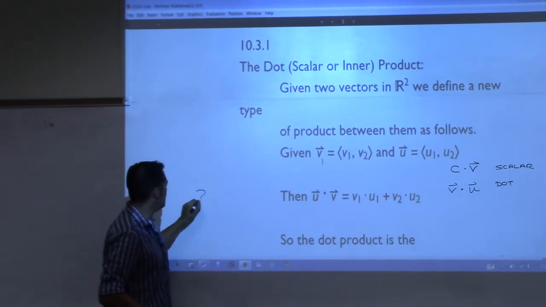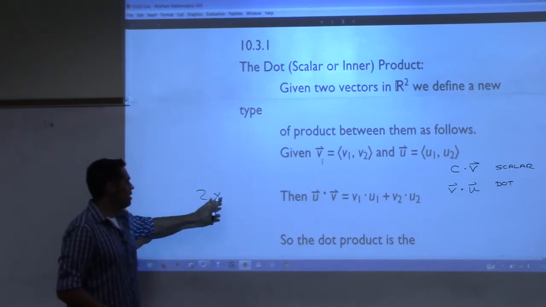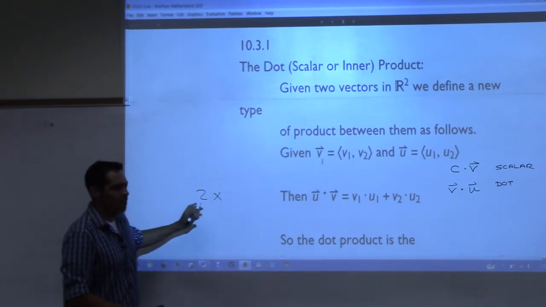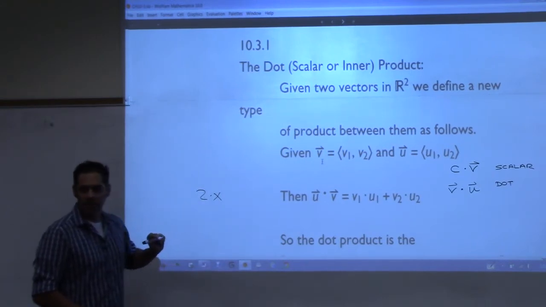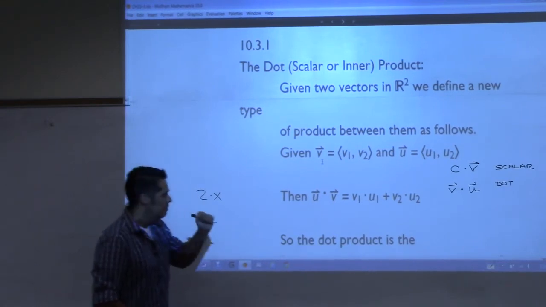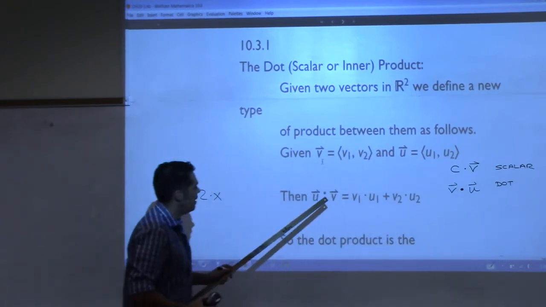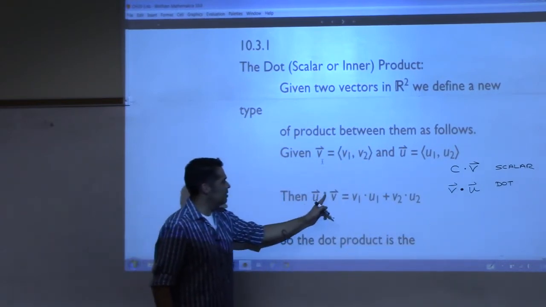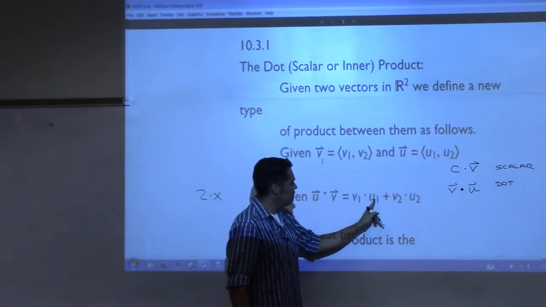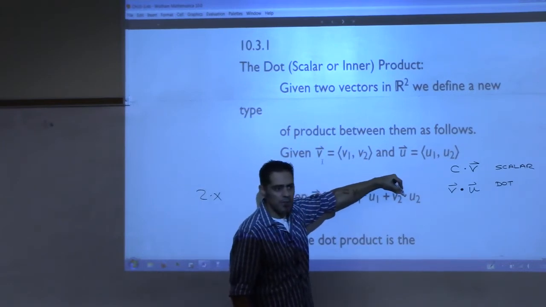You know how when we write 2x, we don't put a dot there, but it's understood? When you do a dot product, you have to put that dot there. It's a different dot, because it's not your standard multiplication. It's vector multiplication. So big dot here. But how do you actually compute the dot product? You take v1 times u1 plus v2 times u2. Now these multiplications are your standard multiplications.